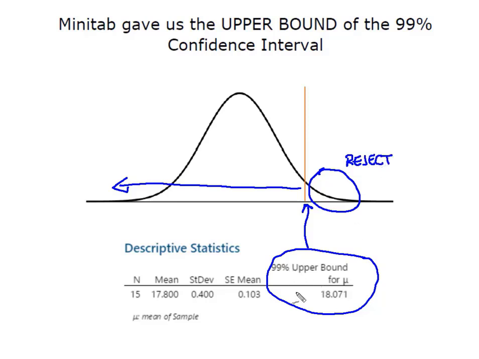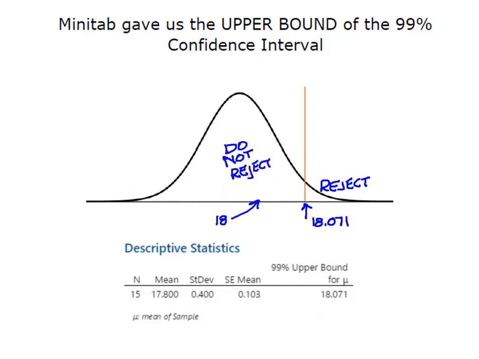Remember, in Minitab, when you run a test and HA is less than, Minitab is always going to give you this upper boundary. If I had run HA greater than, it would give me my lower boundary. Because remember, when I'm looking at less than, I'm looking for this part of the curve to support my claim.